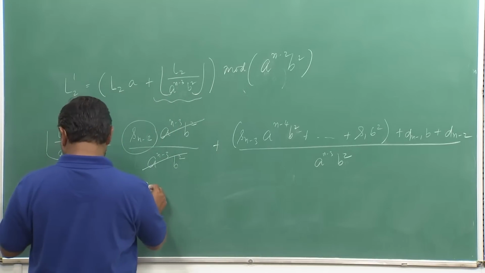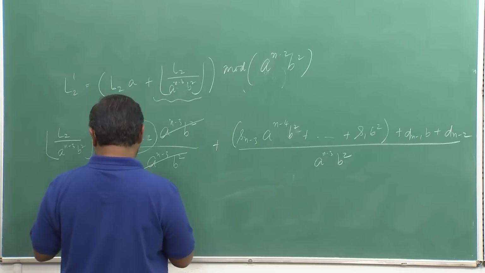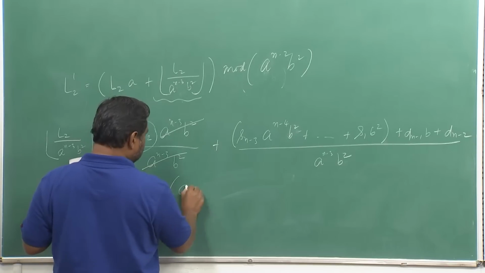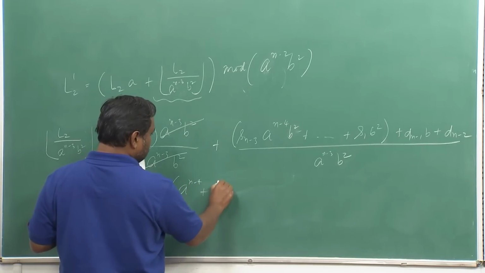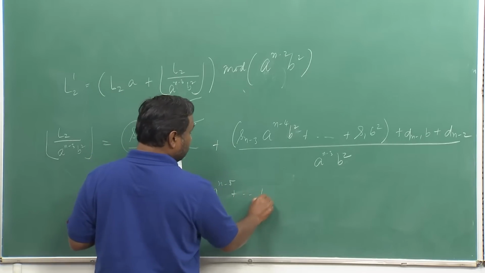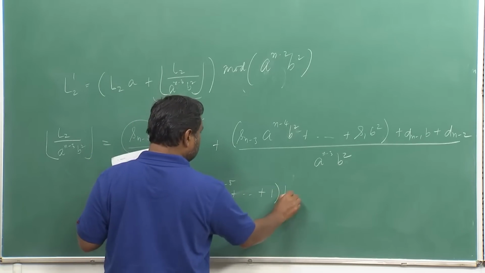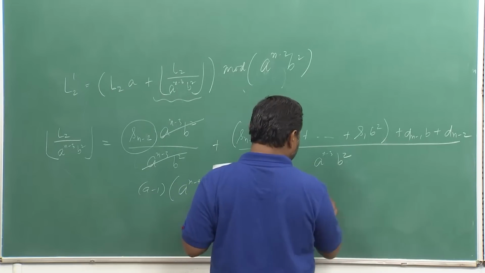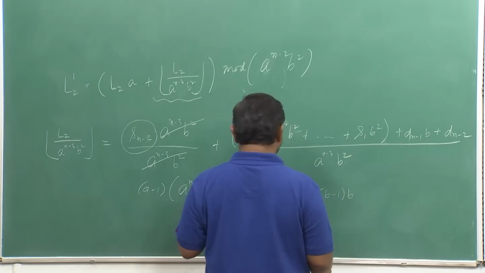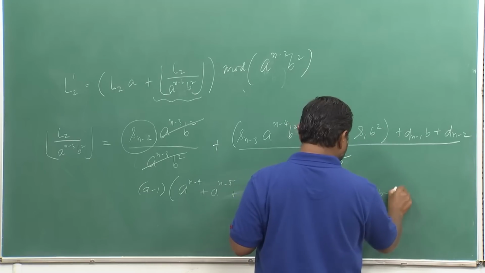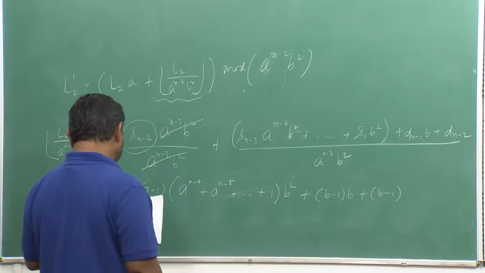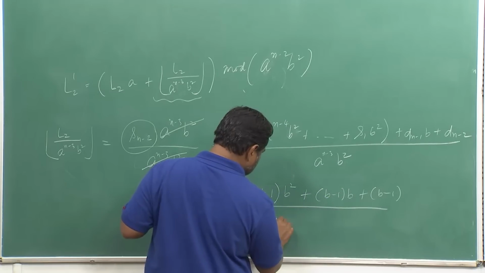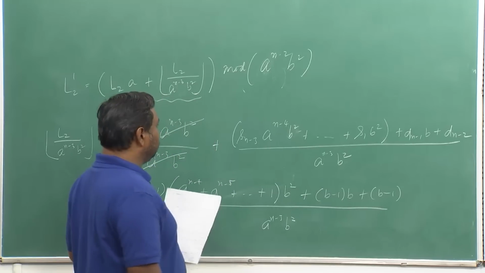So, I will end up getting a series, so all these a minus 1 will come out, I will have a series of a n minus 4, a n minus 5 plus 1, b square, this will be b minus 1 into b, this will be also b minus 1, okay, and then of course divided by a n minus 3 b square.